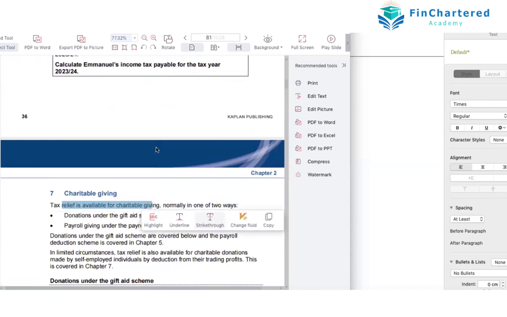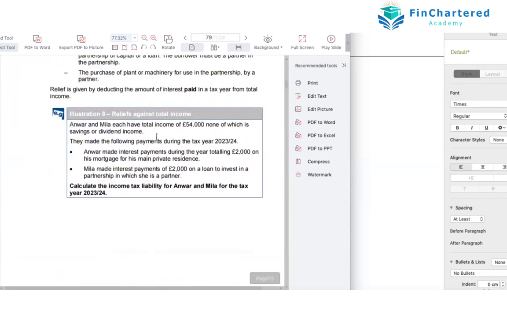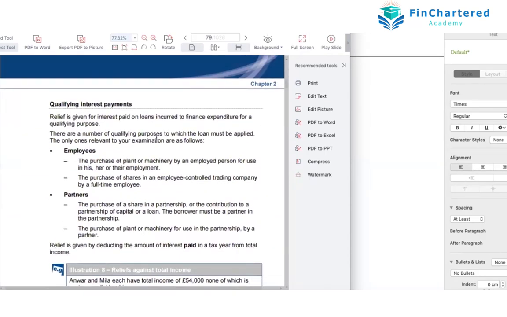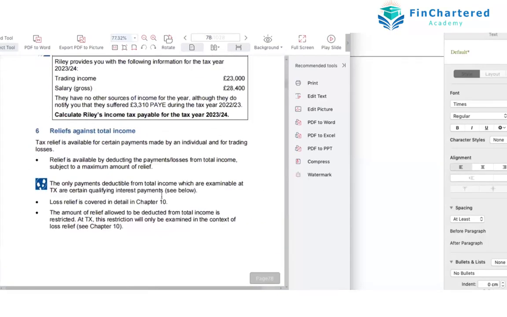So whenever these few things are done, you get a relief on the tax that needs to be paid. That is what is relief against total income. Basically, from your total income, you will deduct an amount. You will get a relief on a certain amount, and only the remaining will be liable to tax.